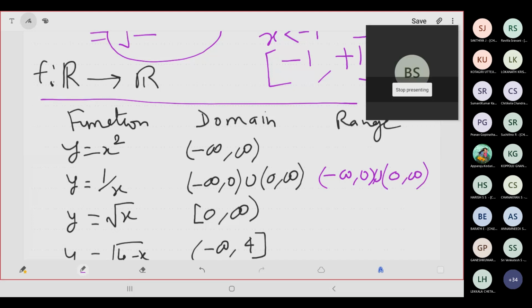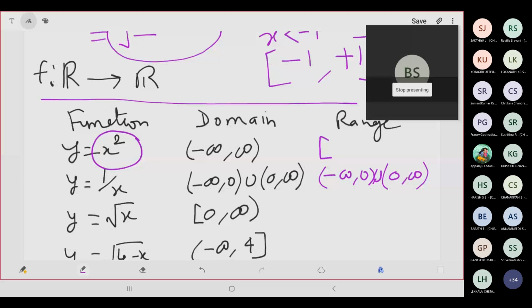So for the first function, whatever point you take from the real numbers, the function gives you only a positive value because of the square. Any negative value gives you a positive value. So you have positive reals, because the function is defined as y is equal to x square.